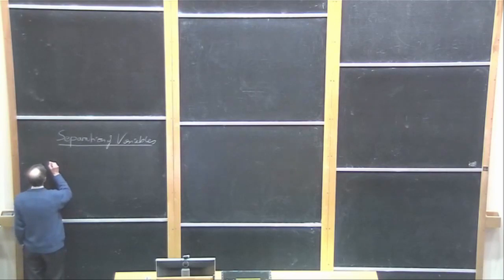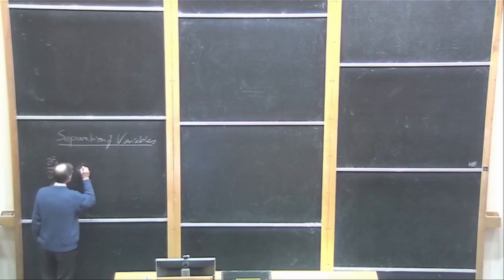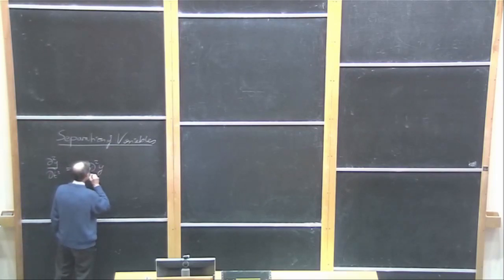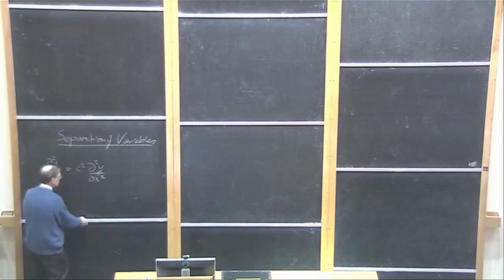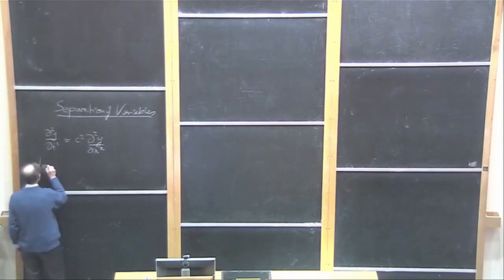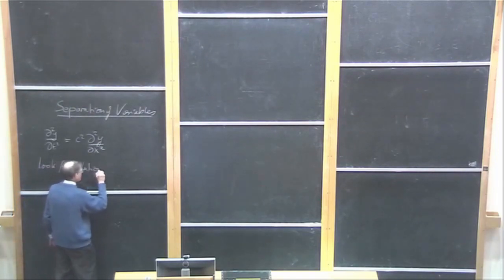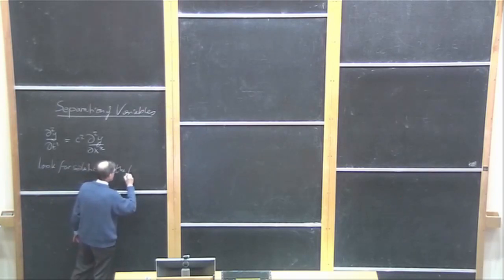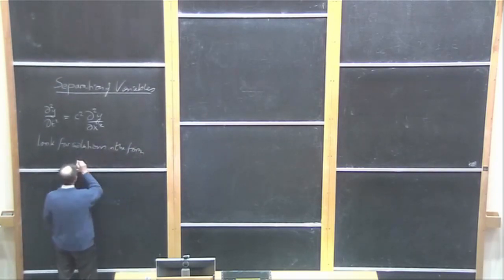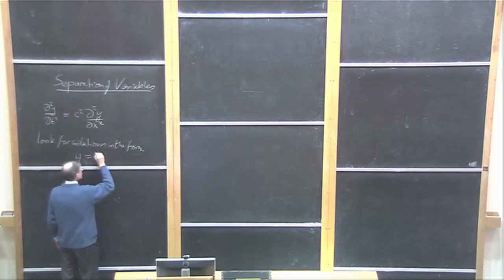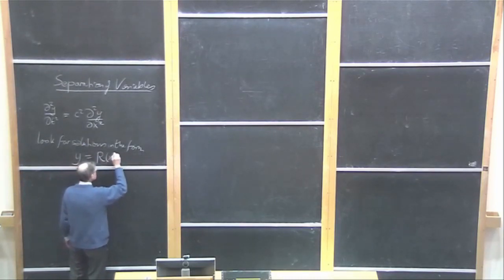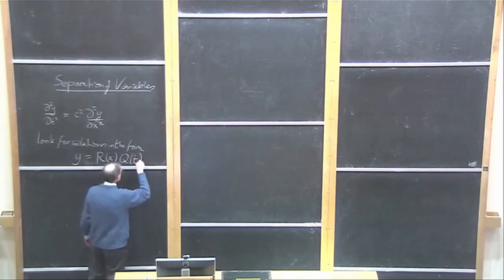So if we start with the wave equation, d2y by dt squared is c squared d2y by dx squared, I'm going to look for solutions in the form of a product: y is R of x, Q of t.